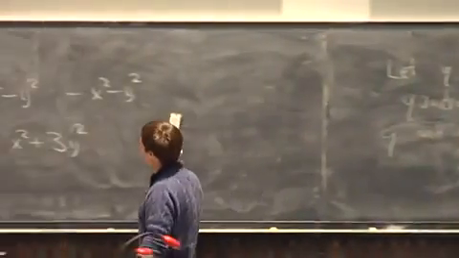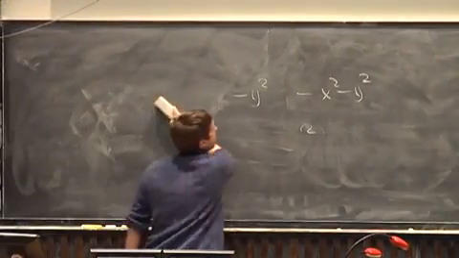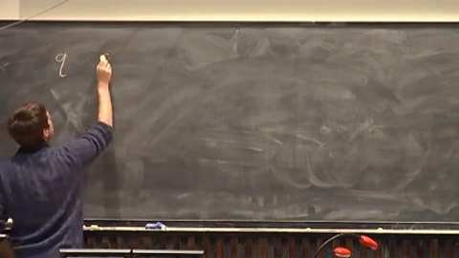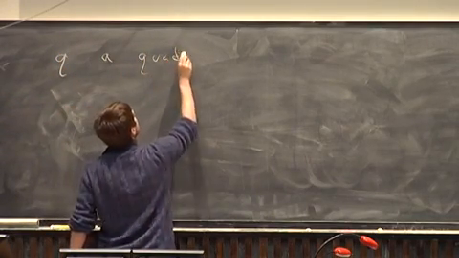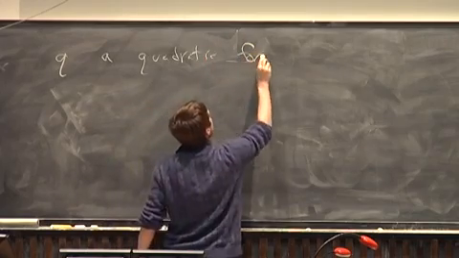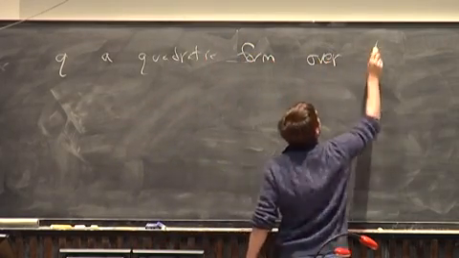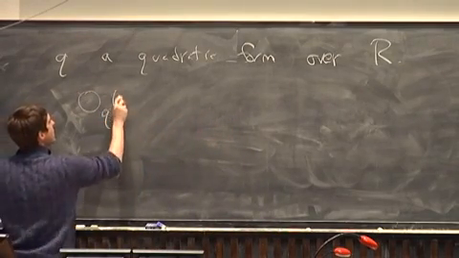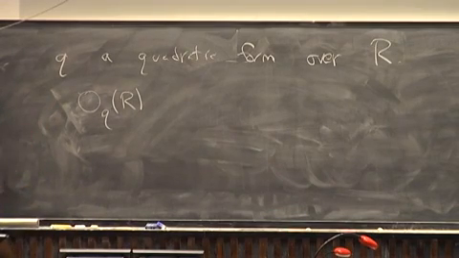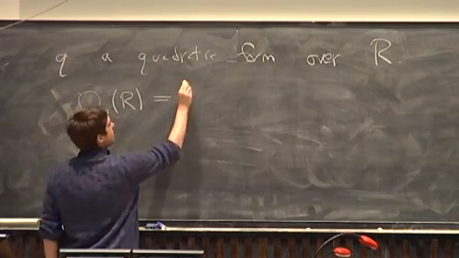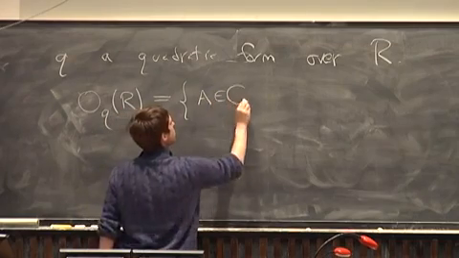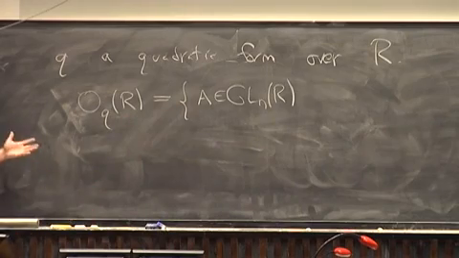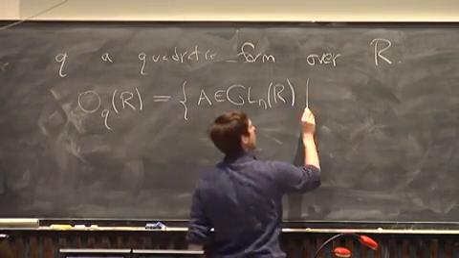Before I can state the Siegel mass formula for you, I need to introduce a little bit of notation. Let's say that Q is a quadratic form over some commutative ring R. Then I'm going to write OQ of R for the orthogonal group of this quadratic form. This just means the set of n by n matrices with coefficients in R such that they carry this quadratic form to itself.